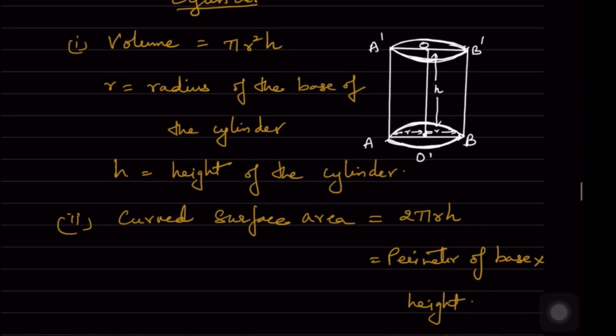Now for a cylinder, what is the volume of a cylinder? It is pi r square h, where r is the radius of the base of the cylinder. The base is a circle, so the area is pi r square and height is h. So the volume of this cylinder is pi r square h. Curved surface area is equal to 2 pi r h, which is the perimeter or circumference of the base, that is 2 pi r, into h.